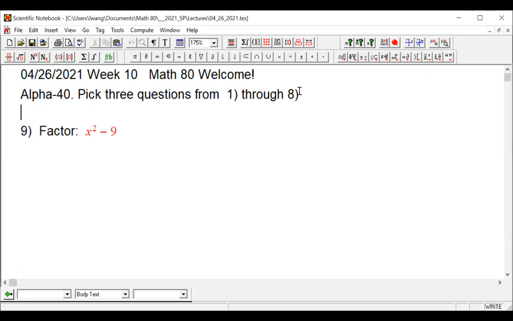Even though from the perspective of x squared plus bx plus c, we don't have the x term. So we will regard this as x squared plus 0 times x minus 9.